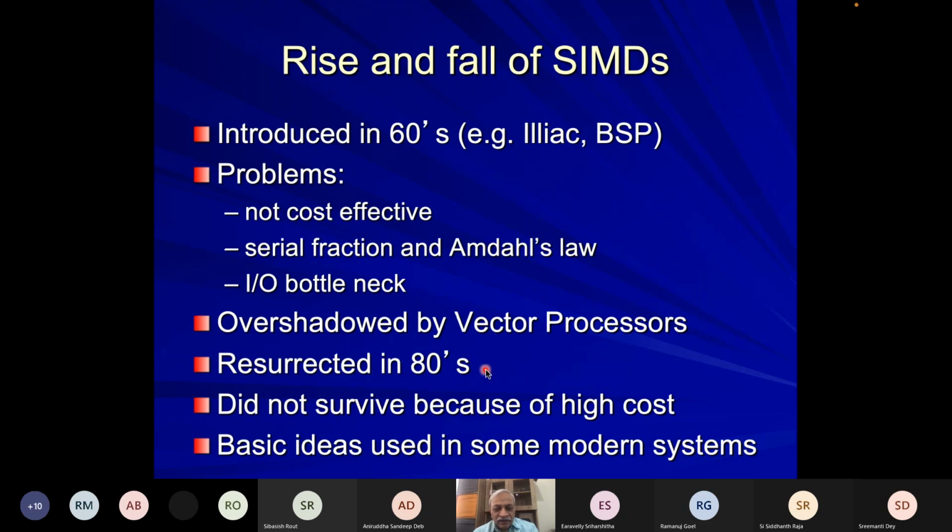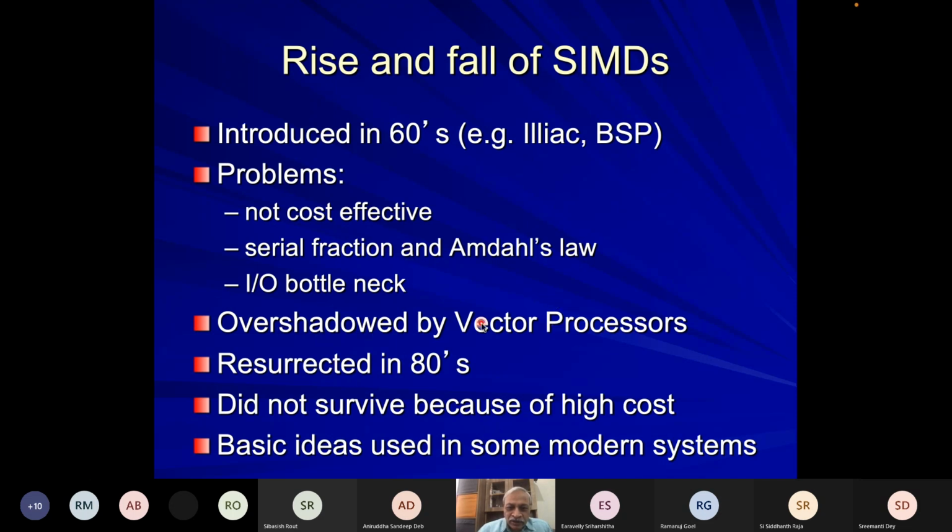Recalling Amdahl's law, if there is a significant serial fraction, then the overall performance improvement will not be very significant. And I/O is a bottleneck. I/O is handled by a single control processor, and therefore, if there is a large input-output to be done in parallel, that was not possible in these architectures.